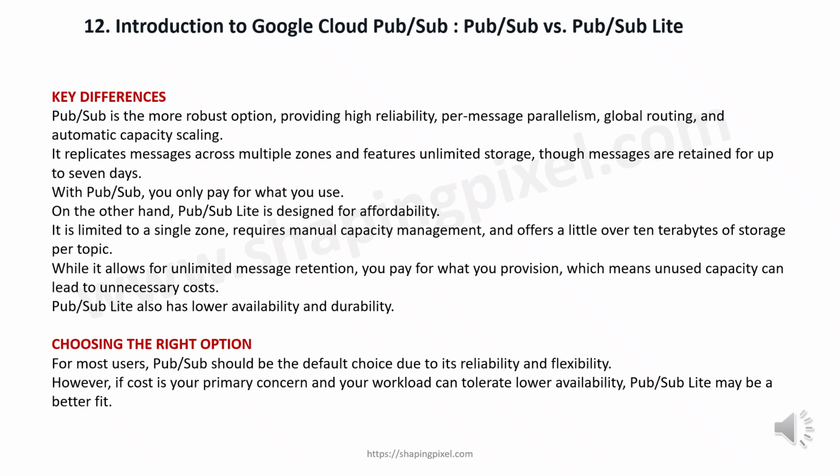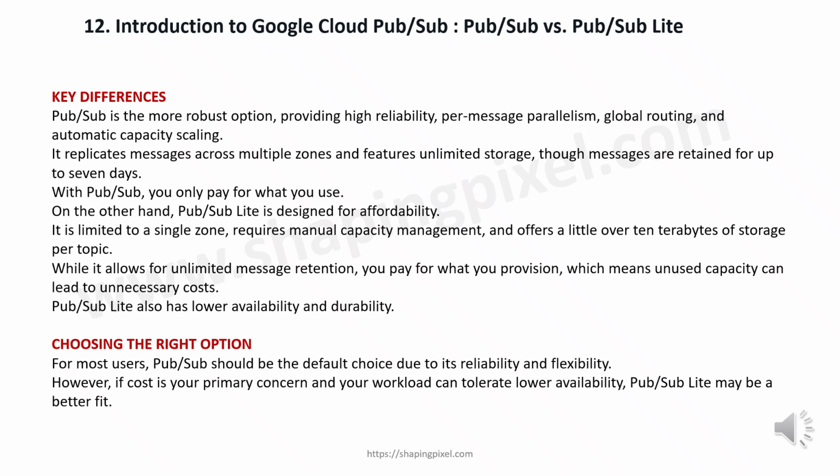On the other hand, PubSub Lite is designed for affordability. It is limited to a single zone, requires manual capacity management, and offers a little over 10 terabytes of storage per topic. While it allows for unlimited message retention, you pay for what you provision, which means unused capacity can lead to unnecessary costs.